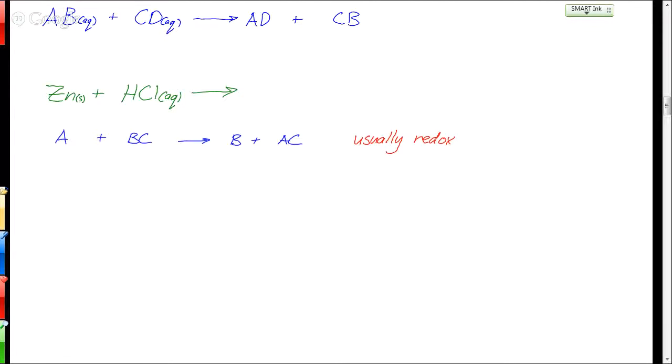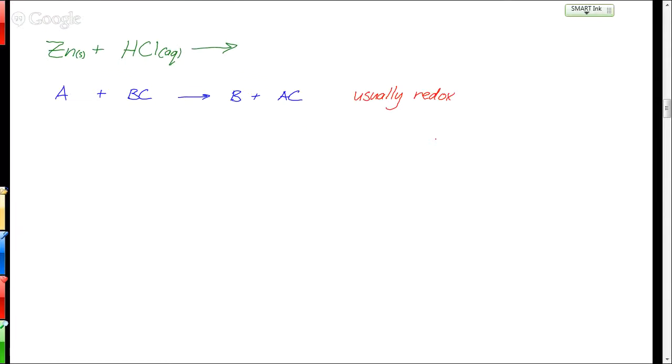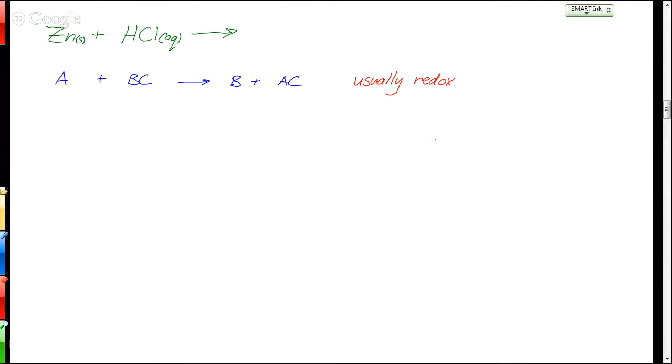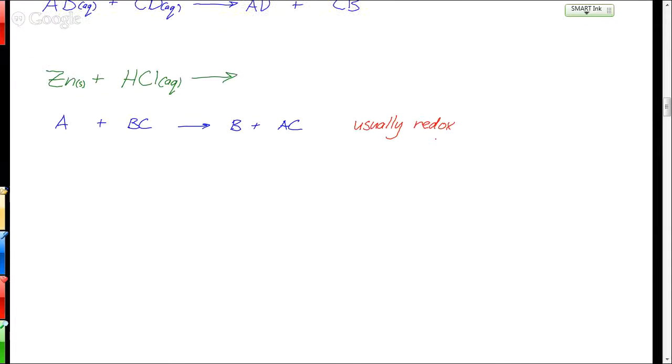If we've figured that this is going to be a single replacement reaction, there's only two ways that can really happen. So let's write down those two ways and talk about which one is better or worse. We'll do two pairs of products. We'll say first, the hydrogen could go on its own, and if hydrogen is on its own, then we know it has to be H2.